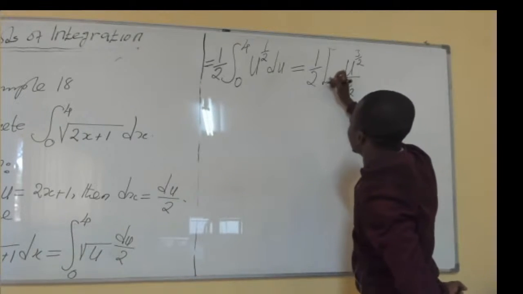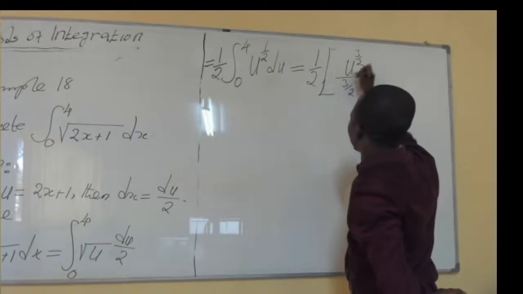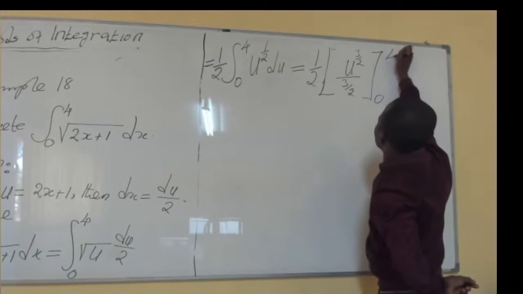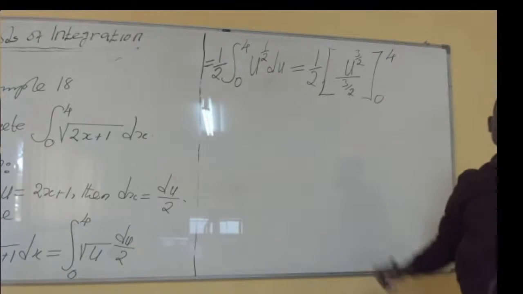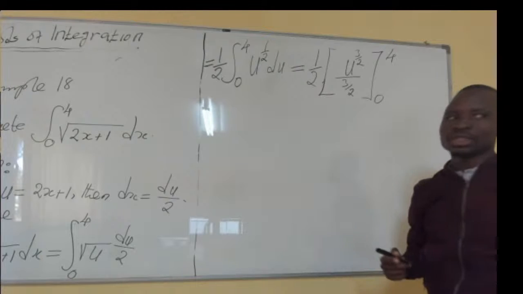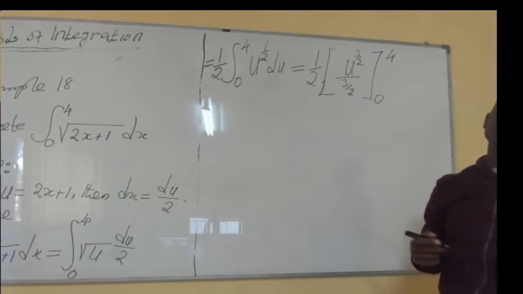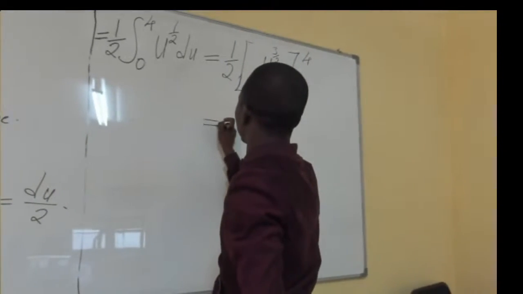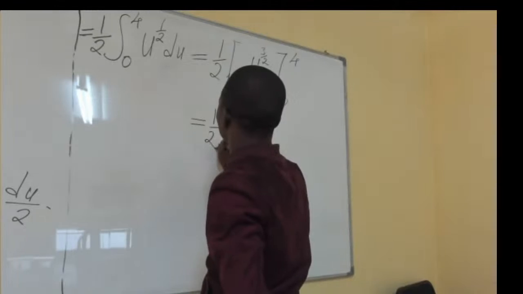I think we know what we're supposed to do here: we add 1 to the power, from 0 to 4. Remember, when you are doing a definite integral, the arbitrary constant c should not be there. So this is equal to 1 over 2.